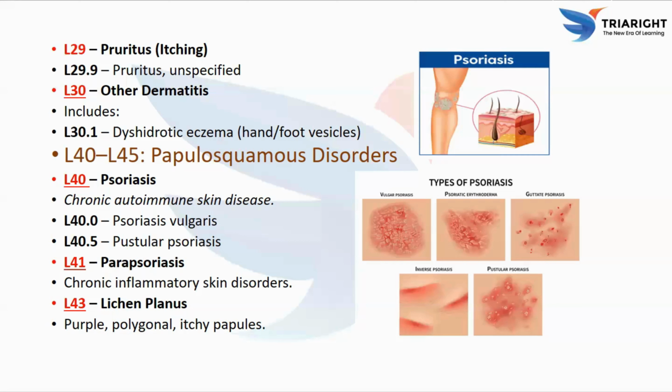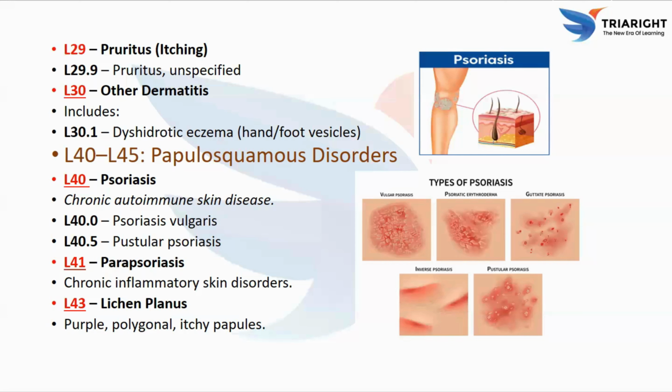psoriasis. So there are types of psoriasis. L40.0 is for psoriasis vulgaris. This is the most common form, with silvery scales over red plaques. The other is pustular psoriasis, for which you have to assign the code L40.1 to L40.3. This is the formation of pus-filled blisters, where it is not infection related.